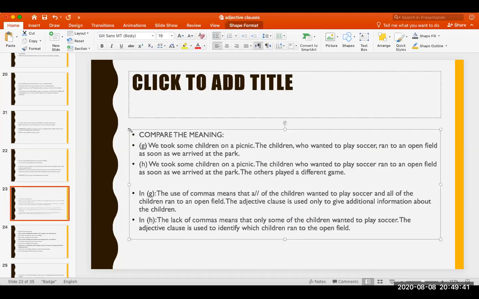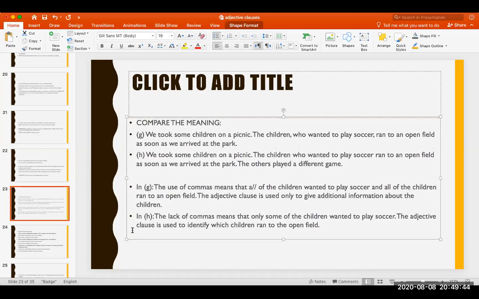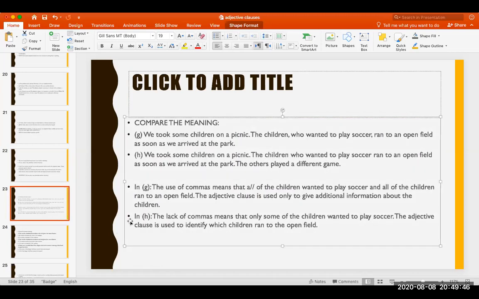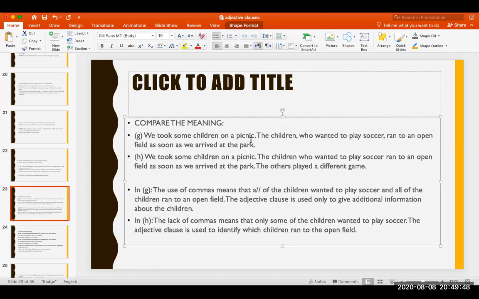Now compare the meaning, again the commas and no commas, G and H. We took some children on a picnic. The children, who wanted to play soccer, ran to an open field as soon as we arrived at the park. Look at this. There is an extra piece of information here. I'll underline it.